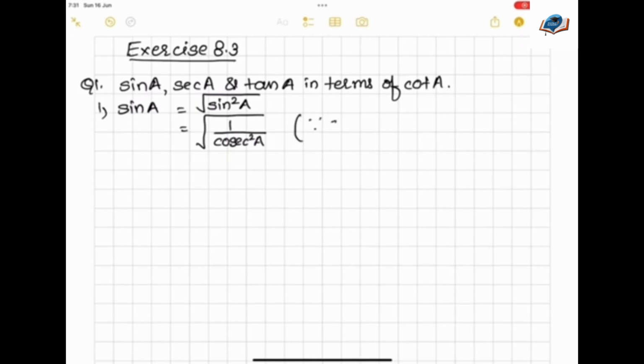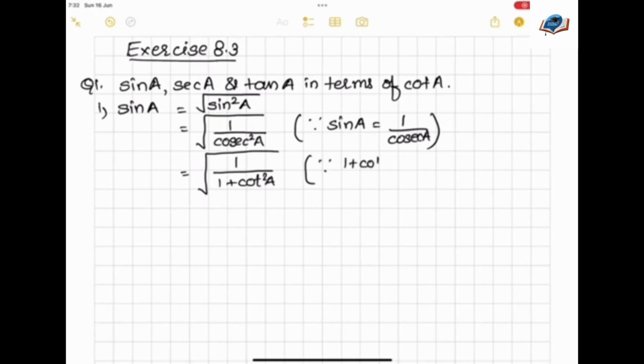So that root, because sine A equals 1 upon cosec A. Now I am shifting cosec square A as 1 plus cot square A, because just now we saw the formula 1 plus cot square A equal to cosec square A. That I am using here.